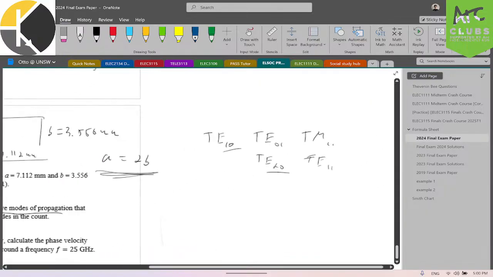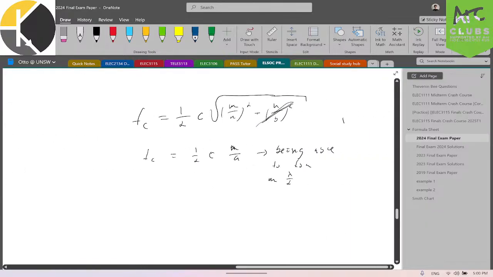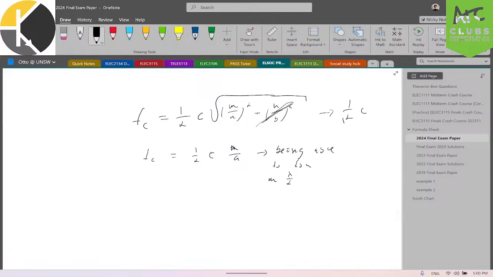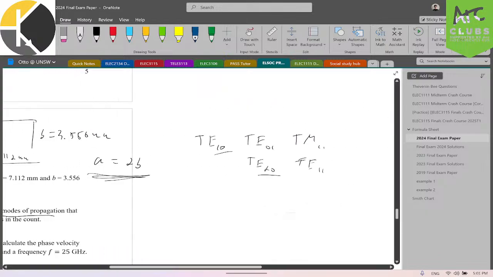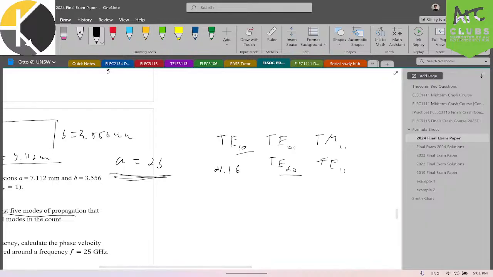So for TE10, in the formula you just have m equal to 1 and n equal to 0, and this will just end up being 1/2 C times 1 over A. If you plug it into the calculator, you'll get 21.1 gigahertz.